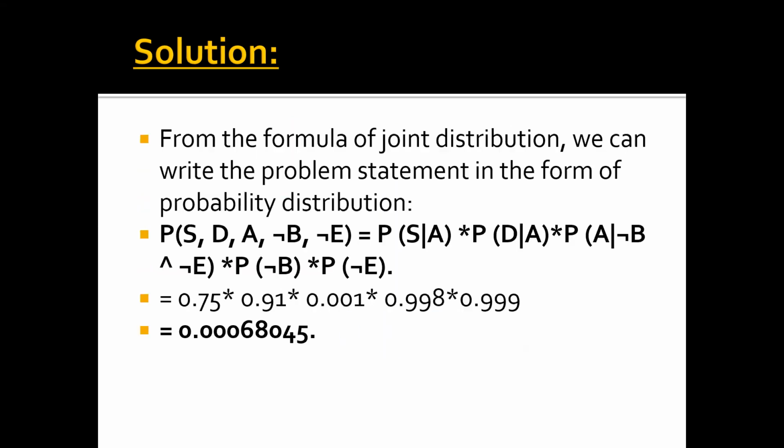When we multiply it, it will give us a value of something like 0.001. So finally, we'll multiply all the values and we'll get the outcome as 0.0068. So this is the probability for the different events which were calculated using the joint distribution.